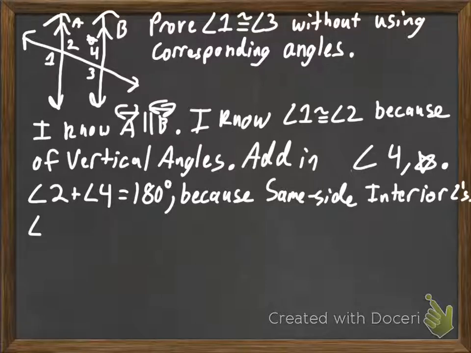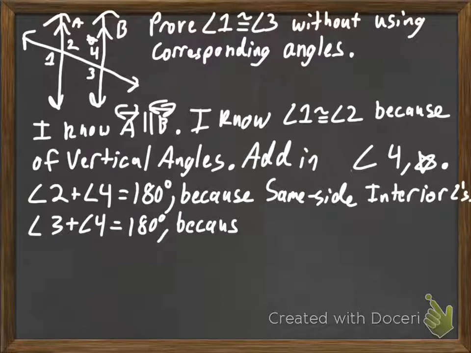Now I'm going to say that angle 3 plus angle 4 equals 180 degrees because they're a linear pair.